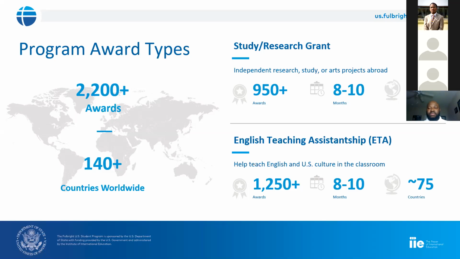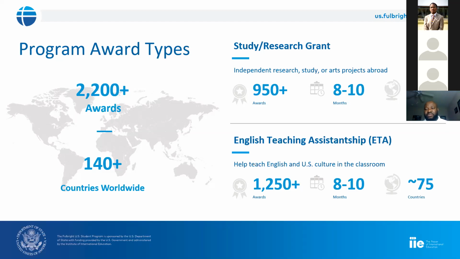I was sending a message to Alicia since you mentioned being interested in going abroad for international research. I wanted to share about the Fulbright Research Study Award. Typically, for people who are in their PhD, it's more common for them to do the study/research grant.